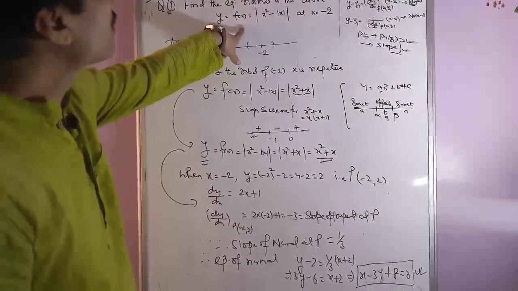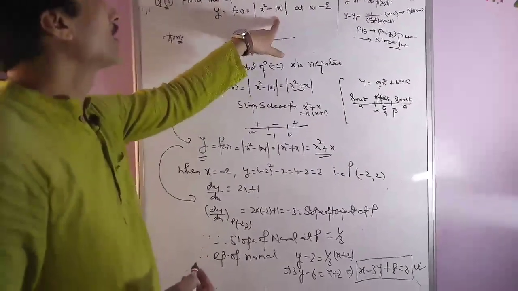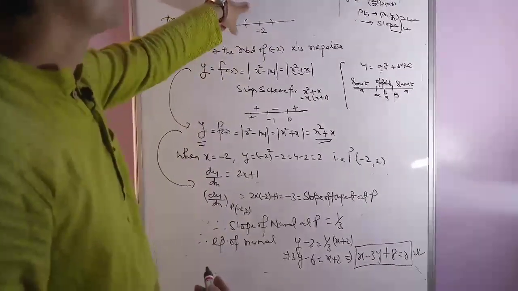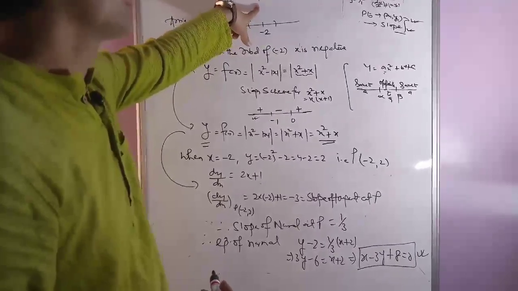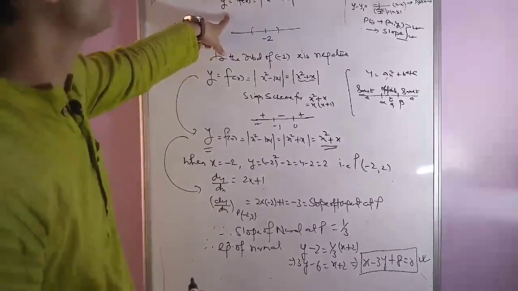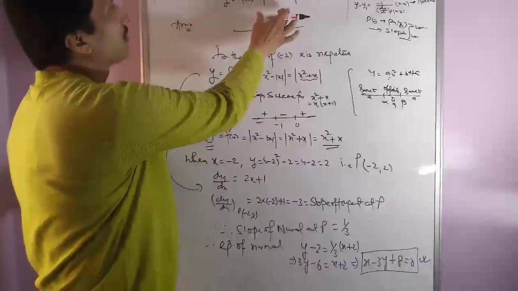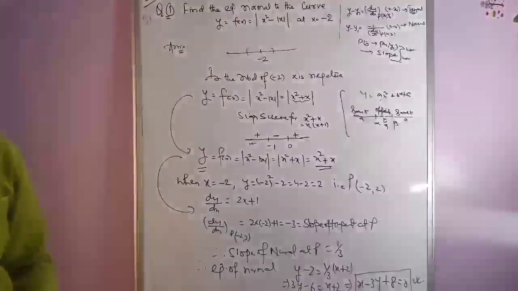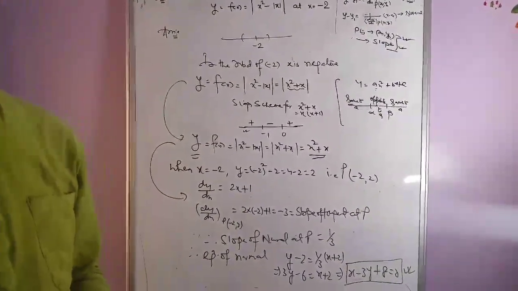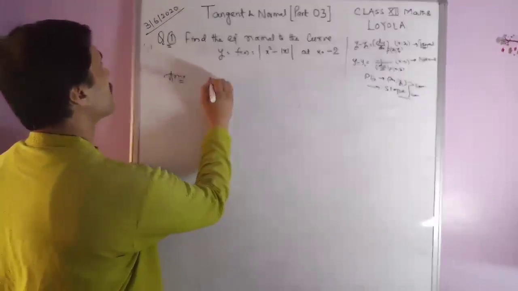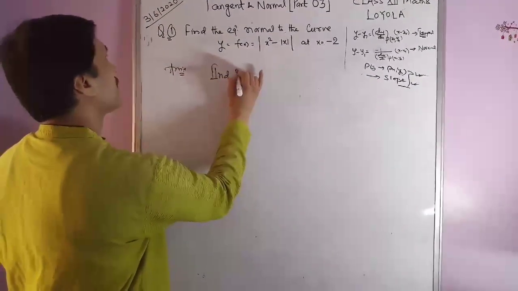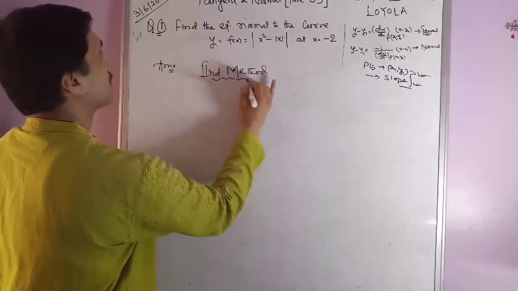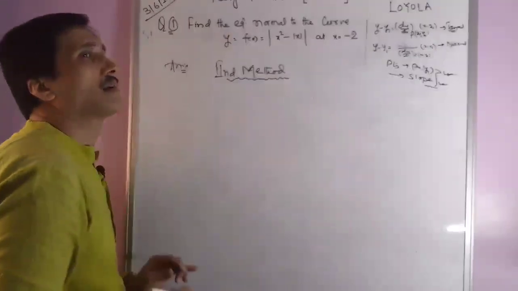If we think about the graph of this function, this question can be done easily. So for time saving, we see the second approach of solution. Second method, graphical method.